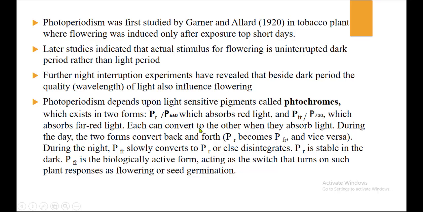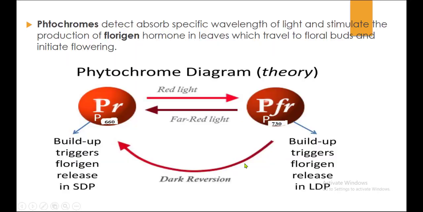Each can convert to the other when they absorb light. For example, if PR absorbs red light, it is going to be converted into PFR, and if PFR absorbs far red light, it is going to be converted into PR.